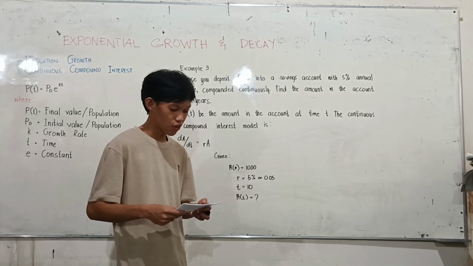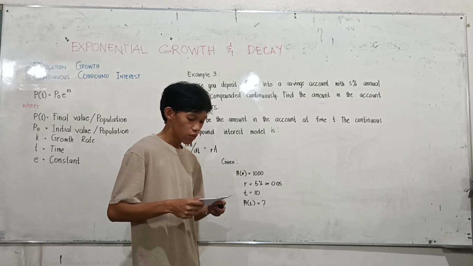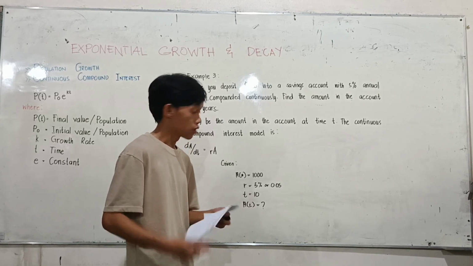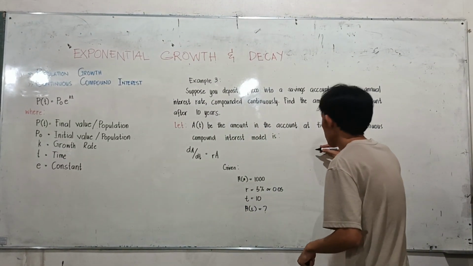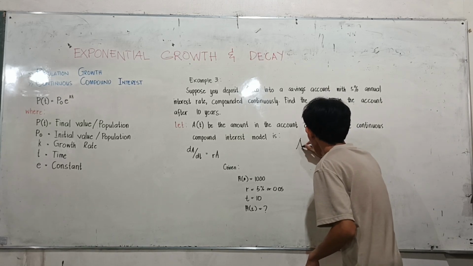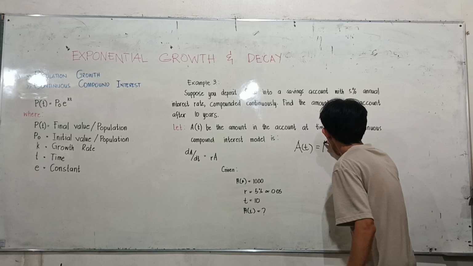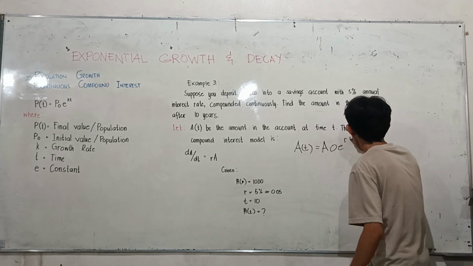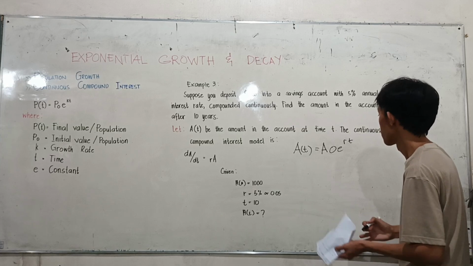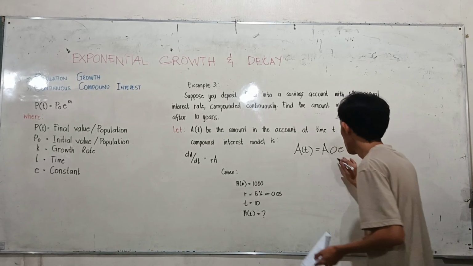Using the continuous compound interest formula, we can find the amount in the account after 10 years. So, A of T is equal to A0 e raised to rt. So, we can directly substitute the given to our formula.